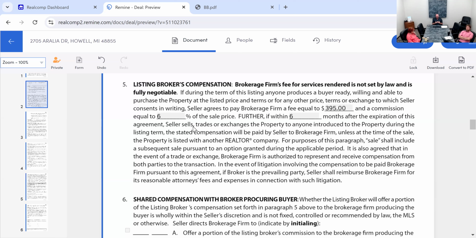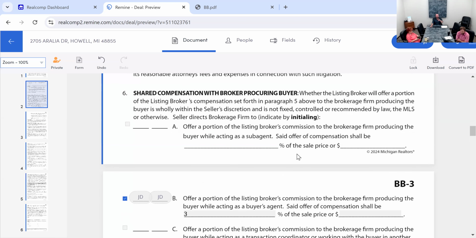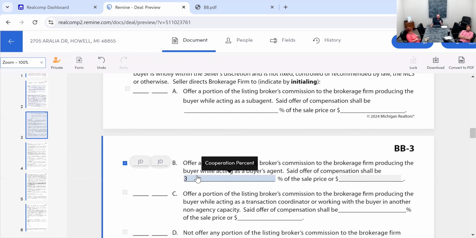Do we really want to still charge 6% and take that entire 6% when there is nothing being shared with another broker? Keep in mind also, we are offering compensation of 3% of the sale price to the other side.